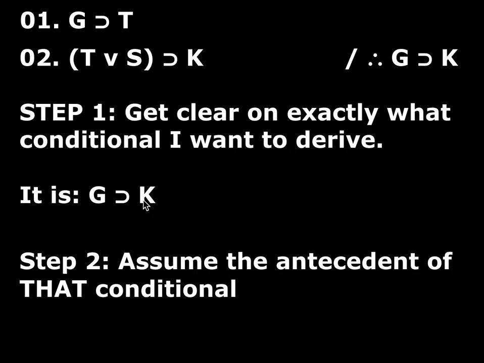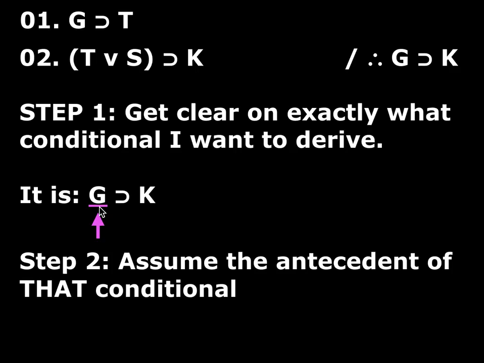Step 2 is I'm going to assume the antecedent of that conditional. So if this is the conditional I want, if G then K, the thing I'm going to pretend is true is the antecedent, G. Okay? So this is just like the lethal liquid.